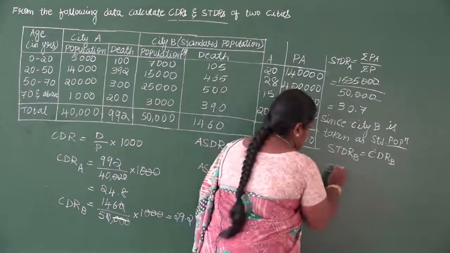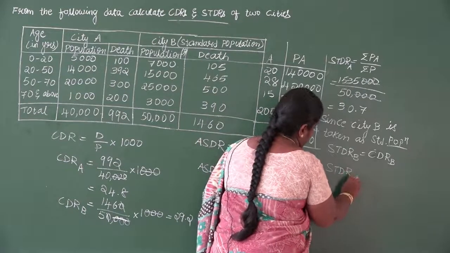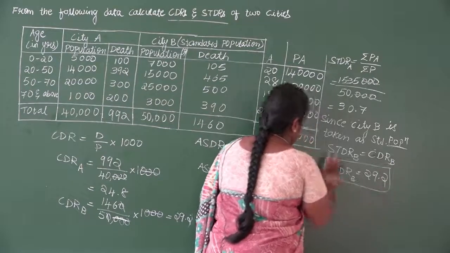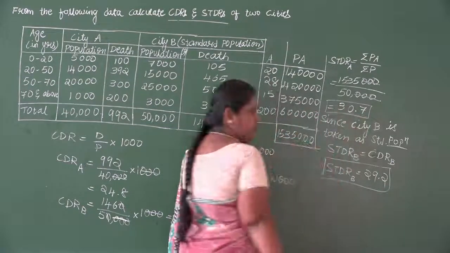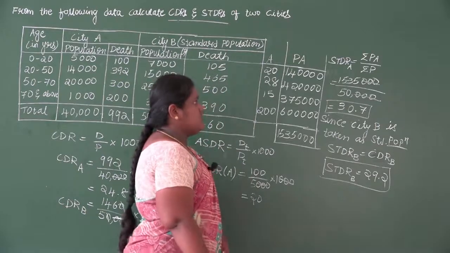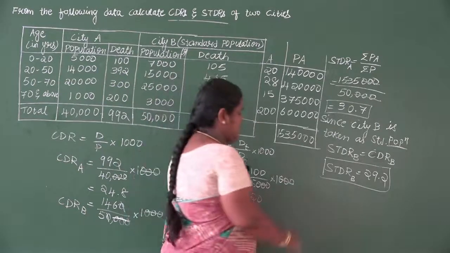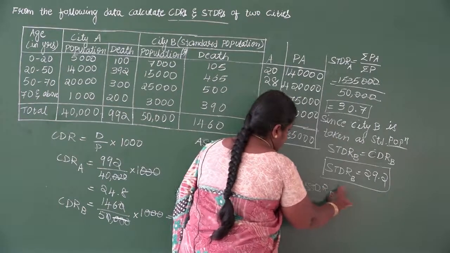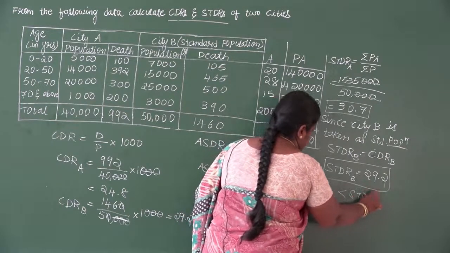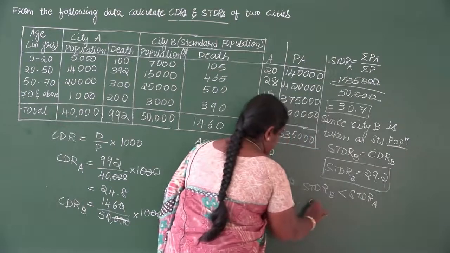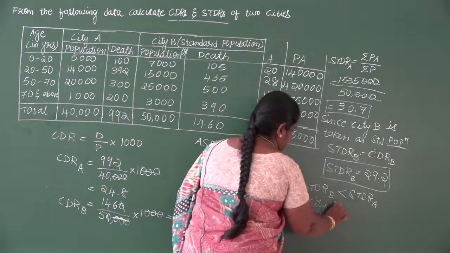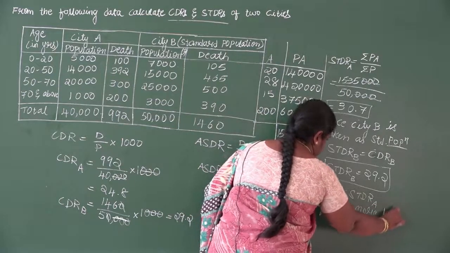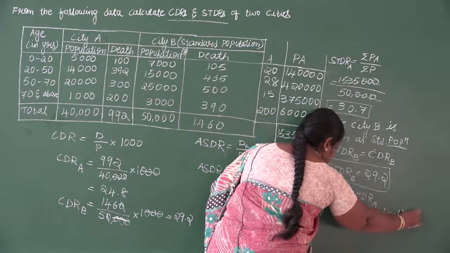So STDR of B will be 29.2 and STDR of A is 30.7. So compare the answers. So B is lesser. So STDR of B is less than STDR of A. Therefore, city B is healthier.